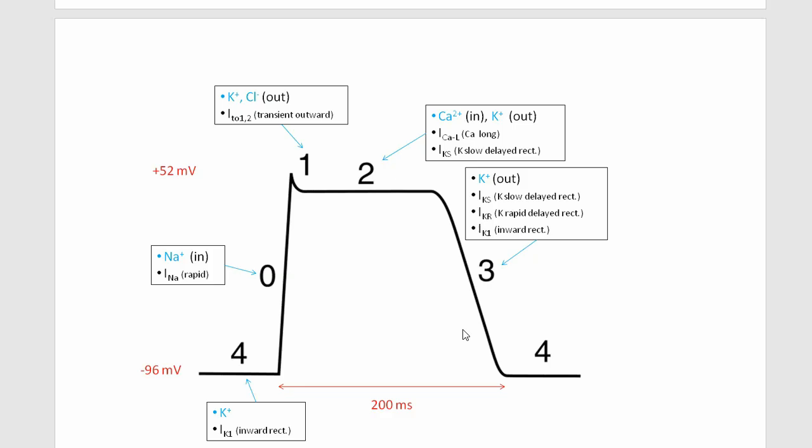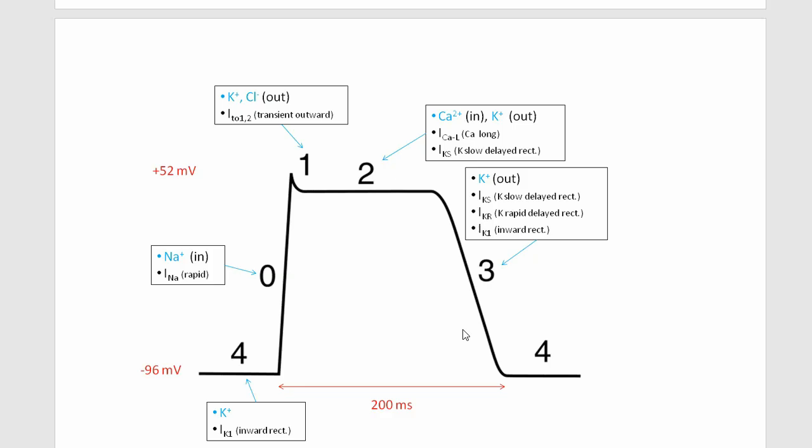And when this happens, the voltage within the cell increases slightly. If this increased voltage reaches a certain threshold, which is about -70 mV, it causes the sodium channels to open. And this produces a larger influx of sodium into the cells, rapidly increasing the voltage further to around +50 mV towards the sodium equilibrium potential.